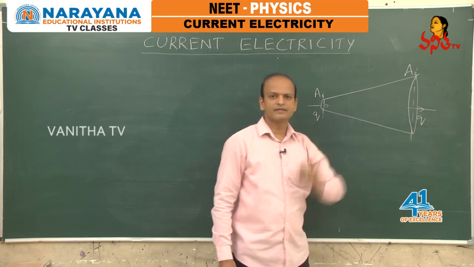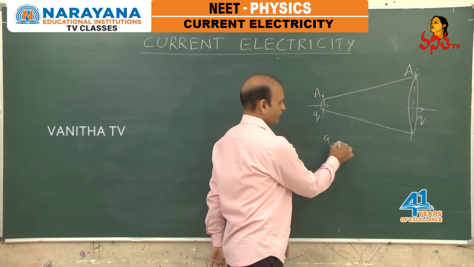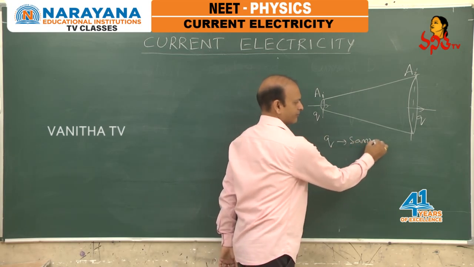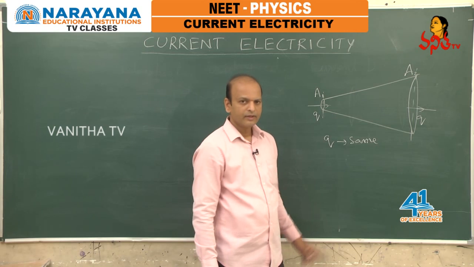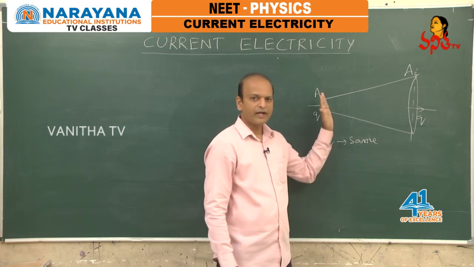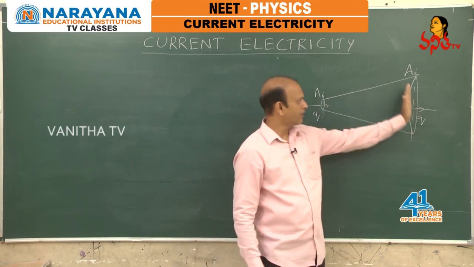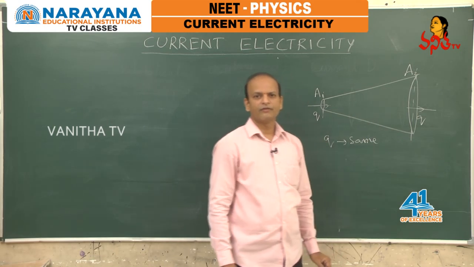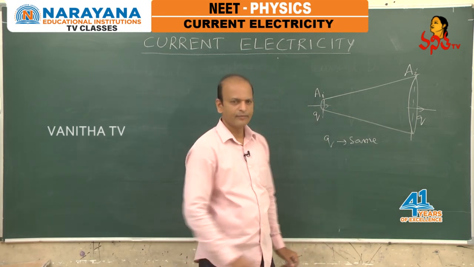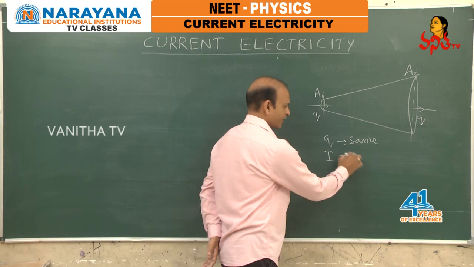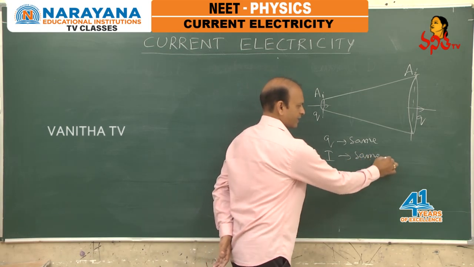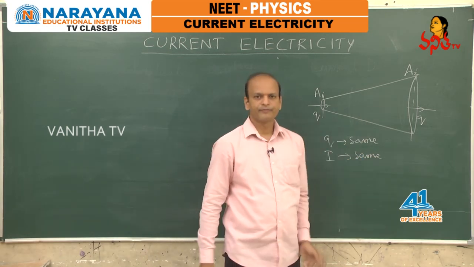Therefore, the charge remains the same. So, Q remains the same, and the rate of flow of charge at this end or the other end will be the same. Therefore, current also remains the same at the 2 ends.